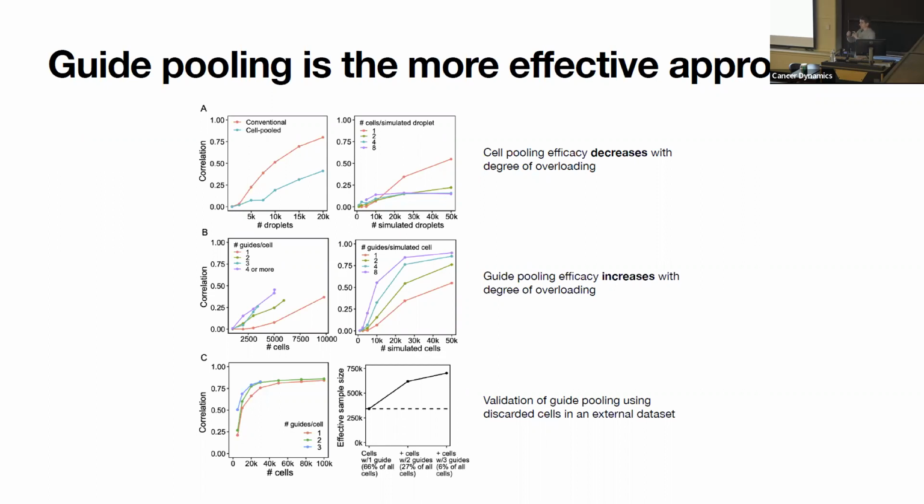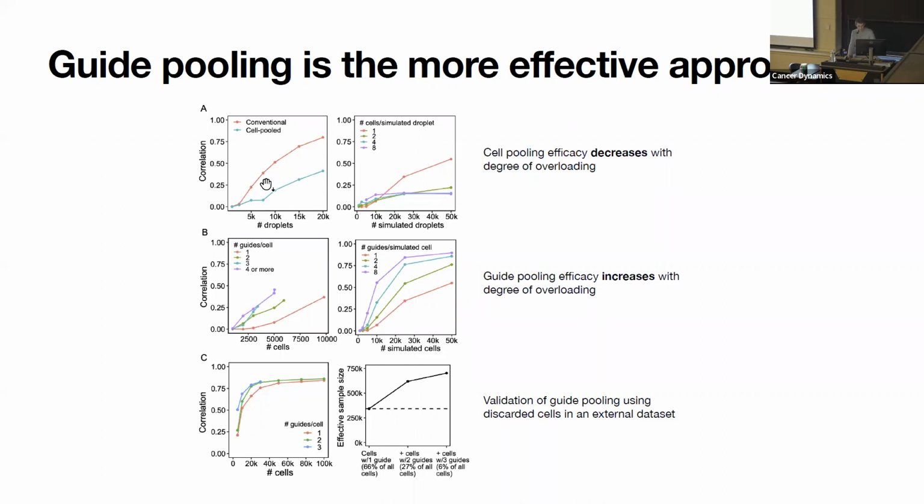There's this offsetting effect that effect sizes from multiple cells pooled together in a droplet are diluting each other out. Whereas in the guide pooling, where you only have multiple perturbations inside a single cell, there's no dilution of effects.